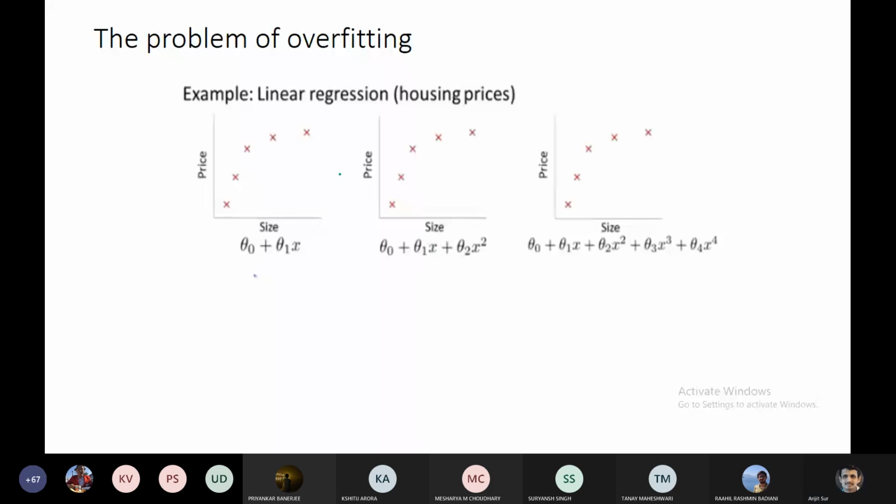Okay, so you see that this is the same problem of linear regression, a housing price estimation problem. And we see that our hypothesis function is something like that, and these are the three different hypothesis functions. We plot them in this way.